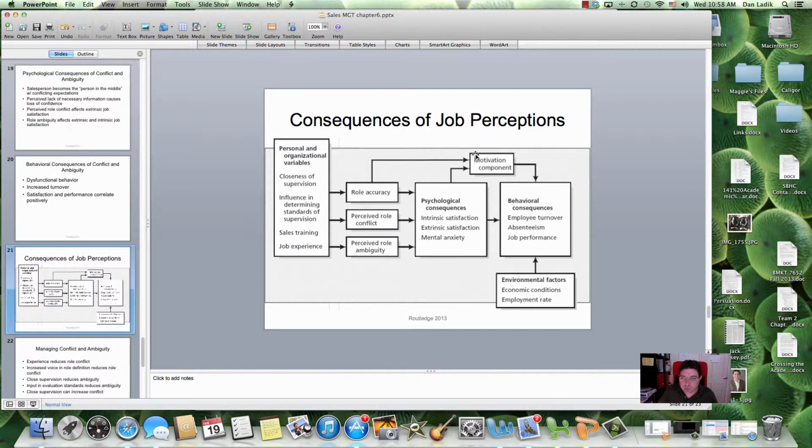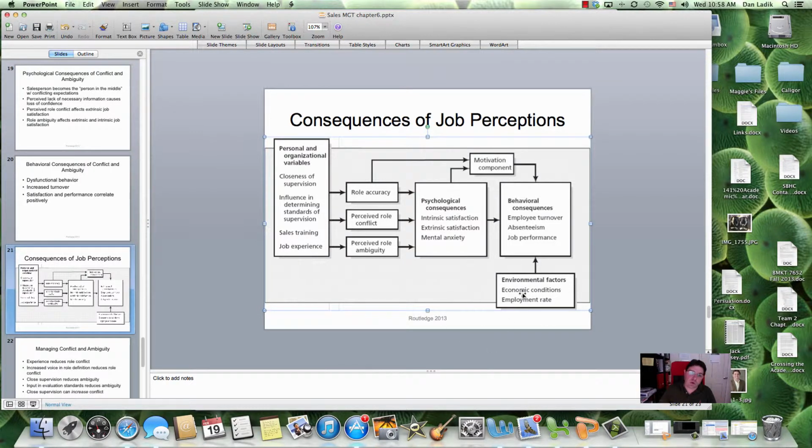All this goes into motivational components. Some of them have psychological consequences. Some of them have behavioral consequences. So the psychological ones are the intrinsic and extrinsic satisfactions, and also mental anxiety. And then the behavioral consequences after the fact are turnover, absenteeism, performance.